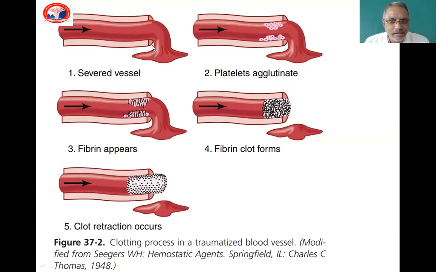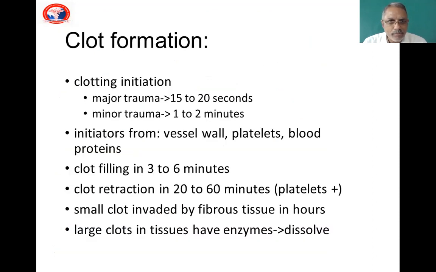With bleeding from a severed vessel, the first step is that platelets agglutinate to the endothelium, maybe due to lack of the negative charges on the endothelial surfaces. Then fibrin appears in the clot, and the fibrin clot forms, and there is a lot of traction taking place thanks to the proteins actin, myosin, and thrombosthenin, in the presence of clot formation.